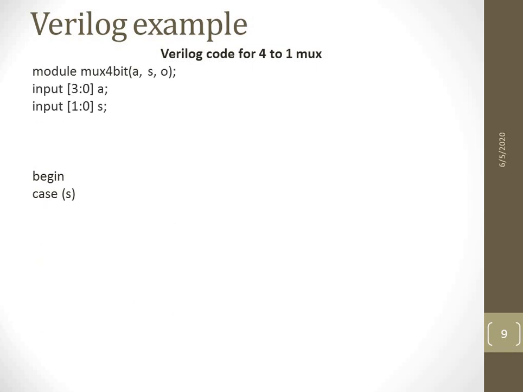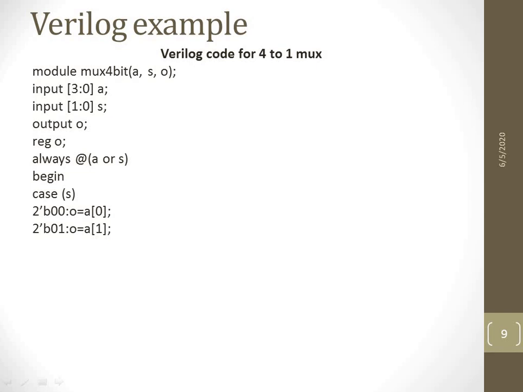Same 4:1 mux I take. It has A as 4 bit, 3 down to 0, and selection is 2 bit, 1 down to 0. Output is O, and I am treating this output as reg type. Always at A or S begin, and I am using a switch case statement. If it is 2 bit binary 00, my output should follow A of 0.